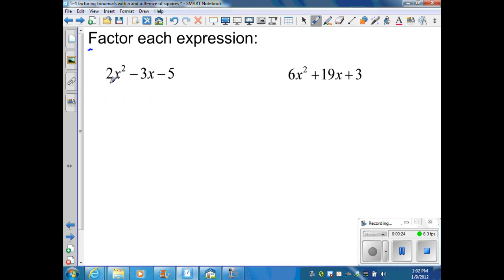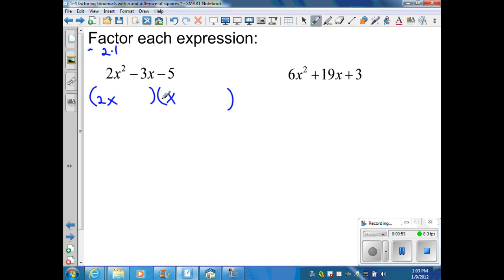My first example in factoring the form of ax squared plus bx plus c. Here, a is represented with a 2, b a negative 3, and c a negative 5. I want to begin, as we have in the past, by setting up two sets of parentheses to represent the product of its factors. I want to break up the first term. I want to break up 2 into its factors. Here I know it's 2 times 1. Therefore, I know x is going to be in both factors.